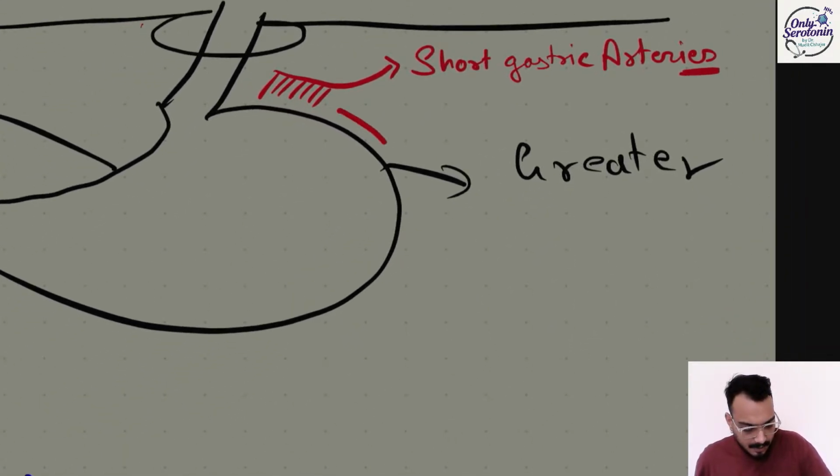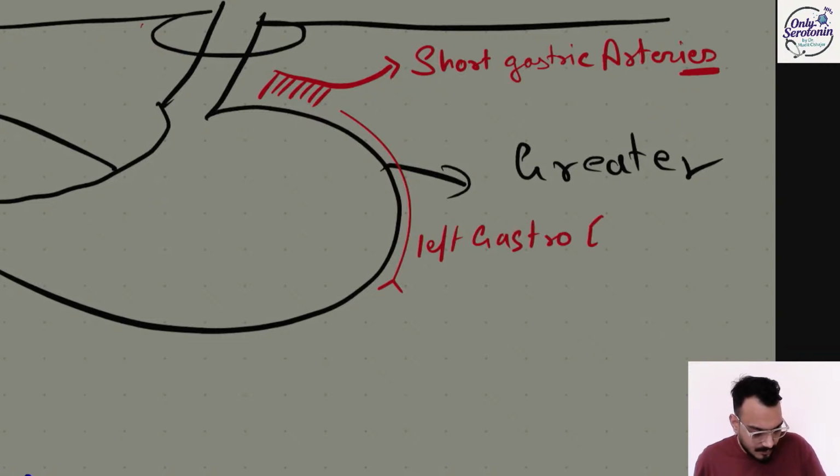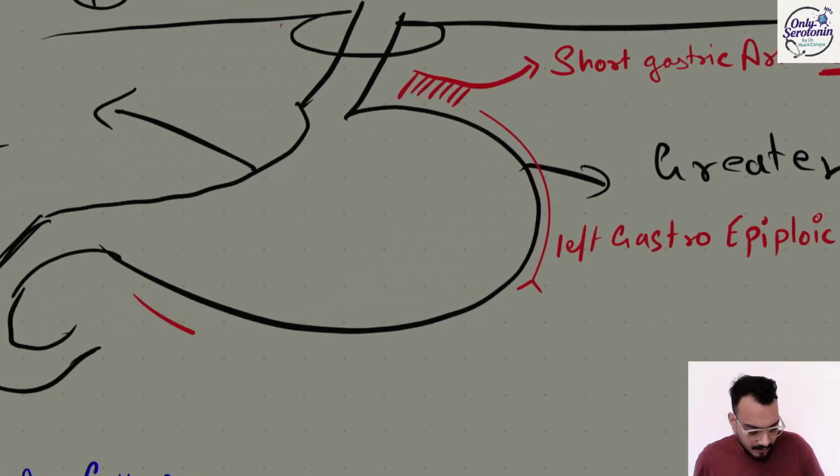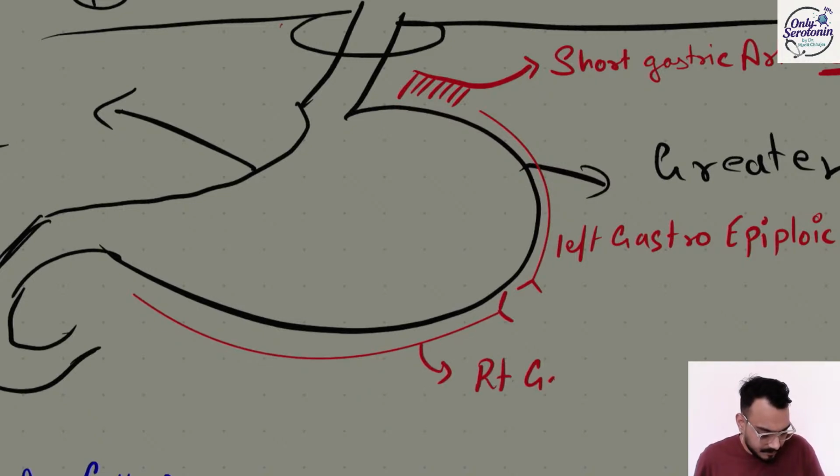Then on the upper part of my greater curvature, I am having left gastroepiploic artery. On the lower part of greater curvature, I am having right gastroepiploic artery.